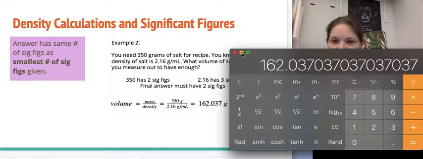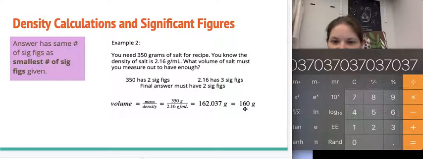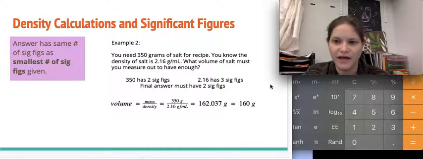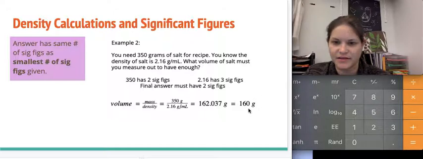We have to round it off so that it just has 2 significant figures. So you're going to round it off after the 6. And if that's a 2, then we're going to keep the 6 the same. Okay, 5 or above rounds up, 4 and less, we're going to keep it the same, and then put the 0 there.